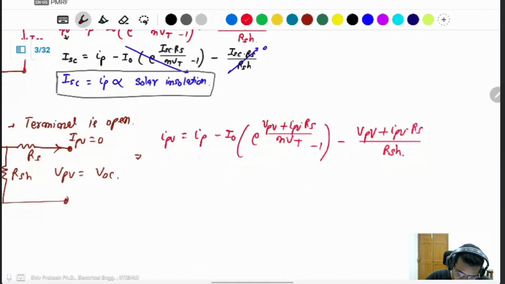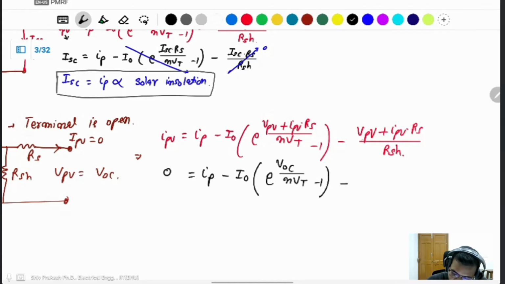In this condition, VPV is VOC and IPV is 0. It means this term will be 0. IP is the same photon current, I naught, e to the power VOC divided by NVT, and this will be VOC divided by the shunt resistor.